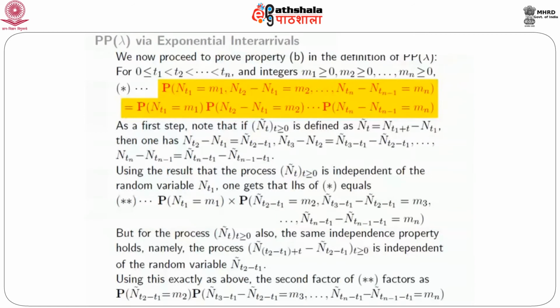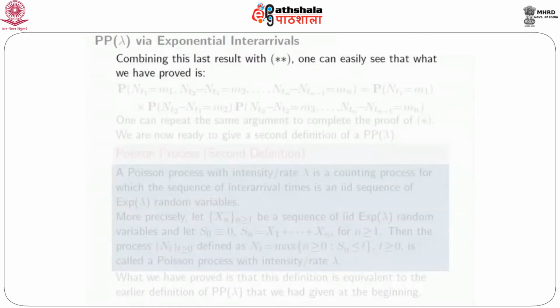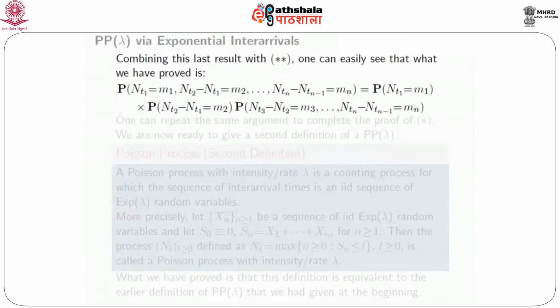So using exactly this thing as before, if you look at the second factor, again the first event comes out, because the first event would be independent of the remaining events. So that second factor would be factoring out as this. Combining this last result with double star, what we have proved is that the initial joint probability that we started with can now be written as a product of three factors.